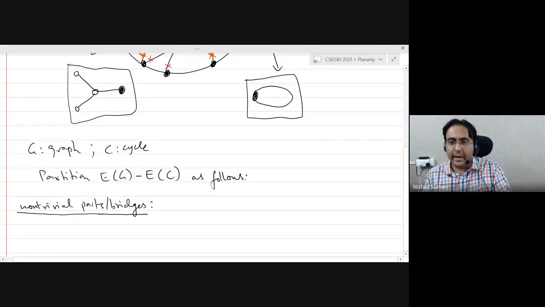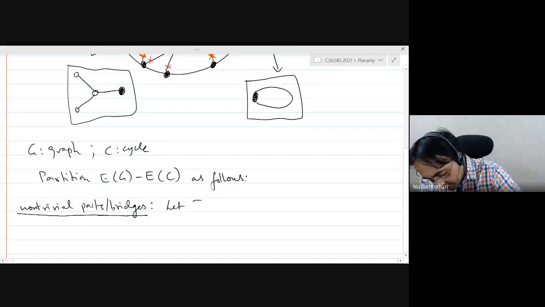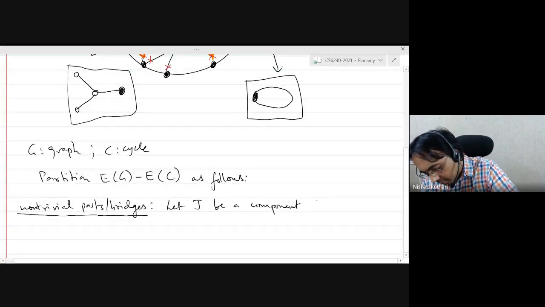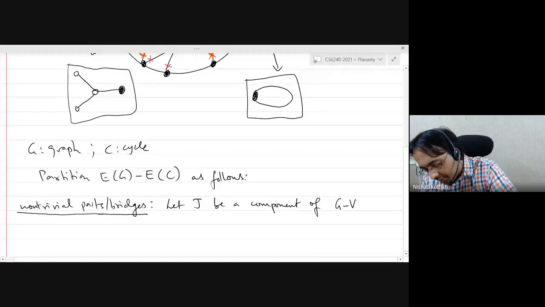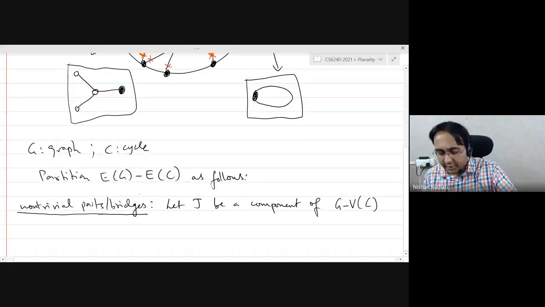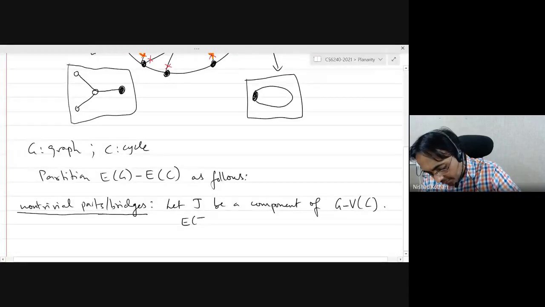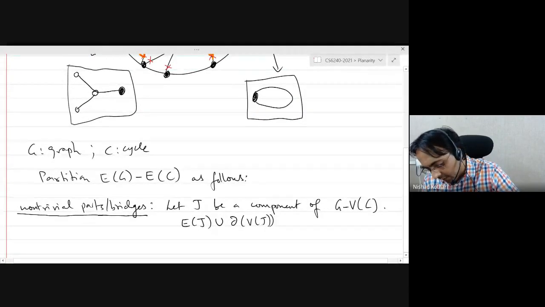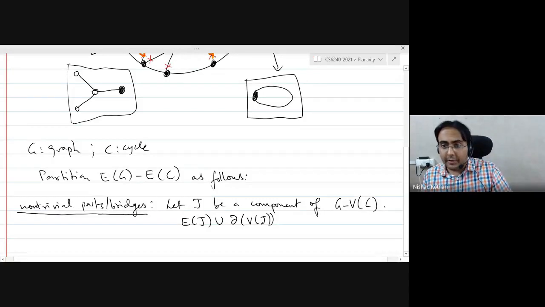So what you do is you delete the vertices of the cycle from the graph and look at any component. Supposing J is a component of the graph minus the vertices of the cycle. Then consider the set of edges of the component J, along with all the edges that join J to the cycle. This is the same as the edges incident with the vertex set of J, because all the edges that are leaving J will have to land on the cycle.